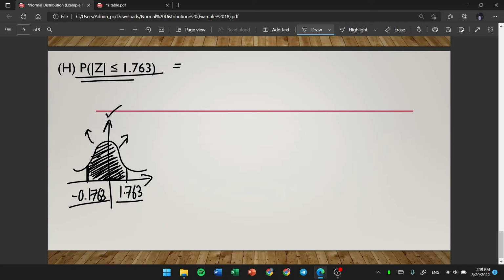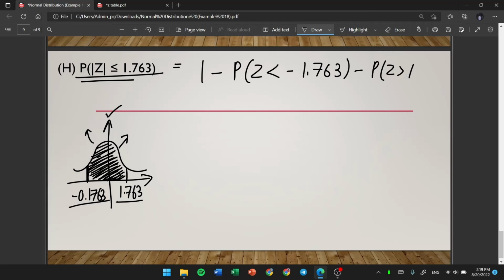Okay, we get 1 minus, step by step, P(Z less than 1.763) minus P(Z greater than 1.763). Why? Because we know that the whole thing is 1. Whole bell graph is 1. So 1 minus, I take another color here, less than, greater than.